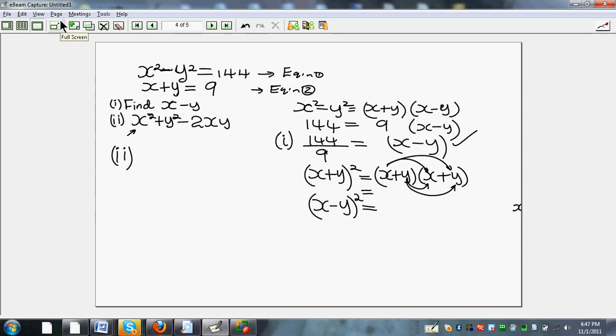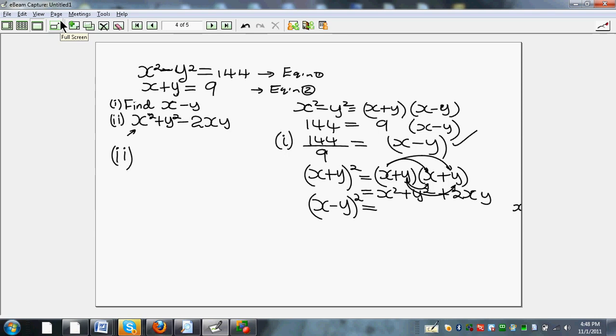And the easy way is this. X plus y squared could be found by squaring the first term, whatever it is. In this case, it will be x squared. Squaring the second term, which will be y, so it will be plus y squared, right? Plus 2 times whatever the first term is, which is x, times whatever the second term is, y.